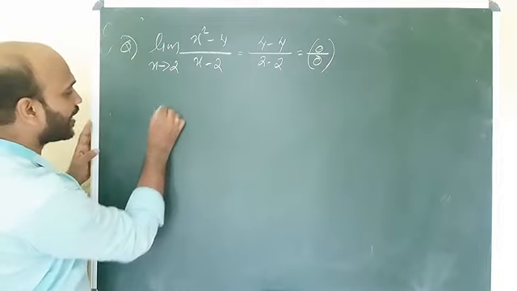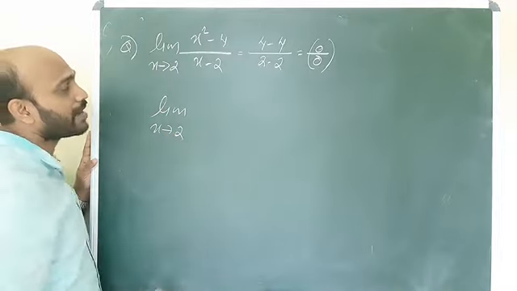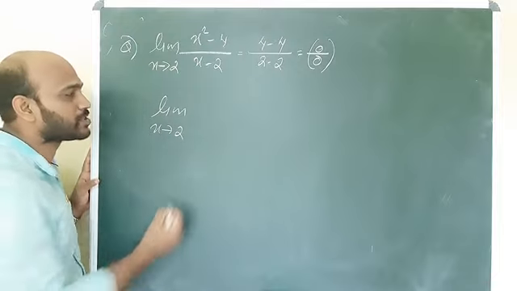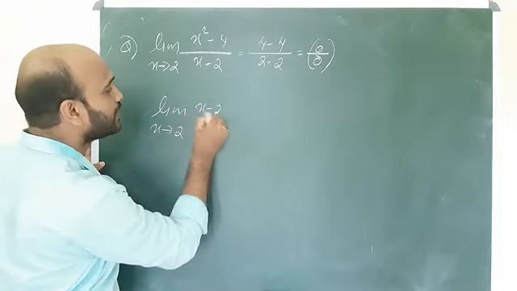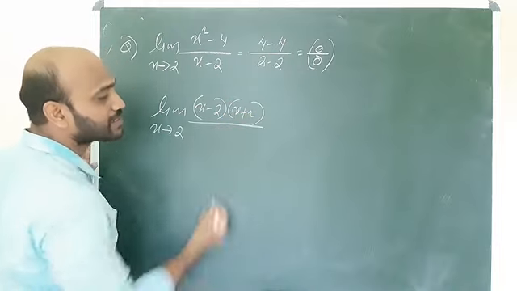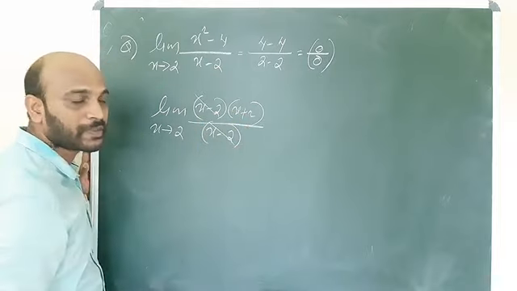Okay. So let us factorize. So limit x tends to 2. x square minus 4. How can we factorize? Just like a square minus b square, a minus b into a plus b. Okay. The denominator is x minus 2. So we can cancel this x minus 2.